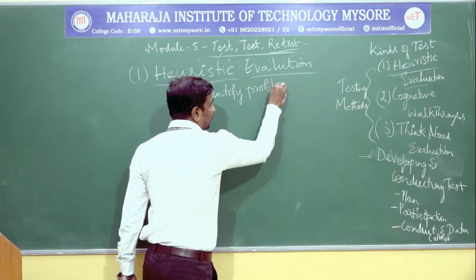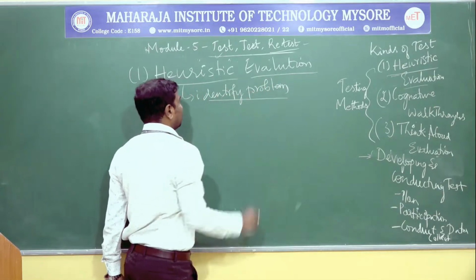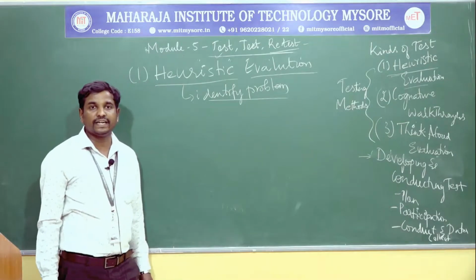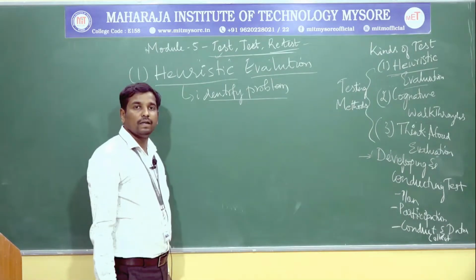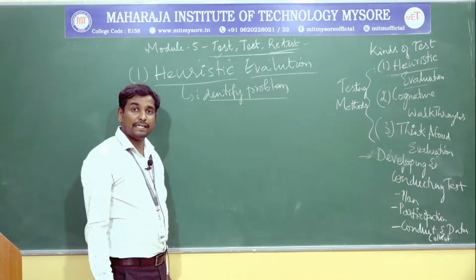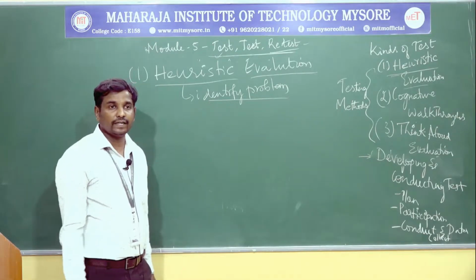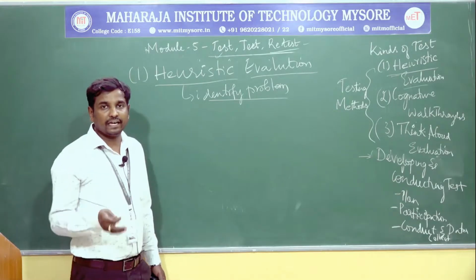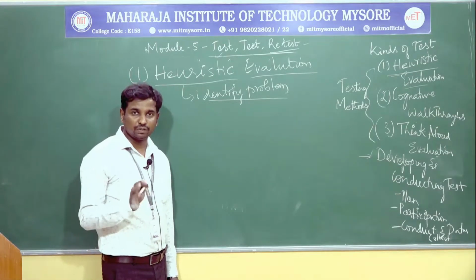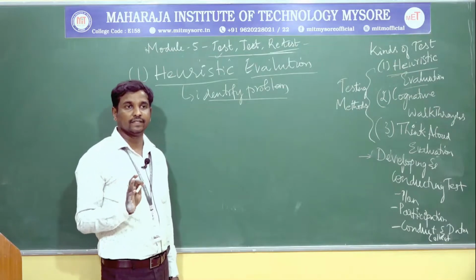Without knowing anything, the users just use the prototype, and whenever a problem is faced, it is easily identified compared to other methods. So it is a better method. Initially we can find out what difficulties the user is facing while using the product.